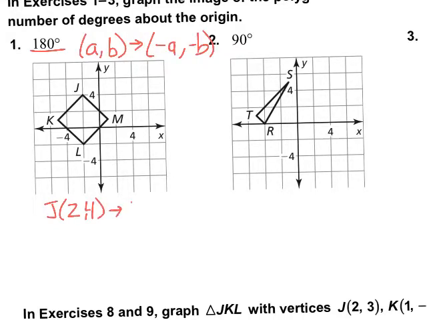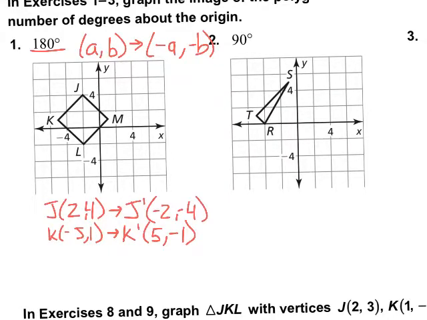So that means J prime is going to be negative 2, negative 4. Okay. K is negative 5, comma 1. So K prime is going to be positive 5, comma negative 1.